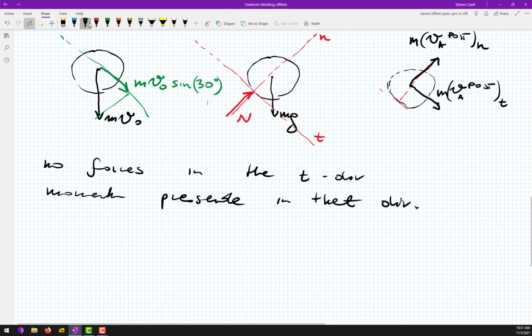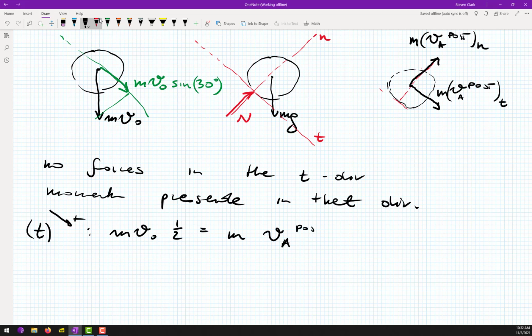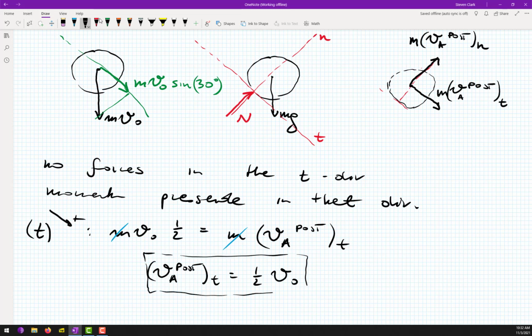So let's write momentum for the t direction, with this direction being positive, and here we will have mv0 times 1/2, because sine 30 degrees is 1/2, and this is equal to m va post t. Great, because we just found that one unknown. So we just found that va post t is equal to 1/2 v0. Great. Hooray.